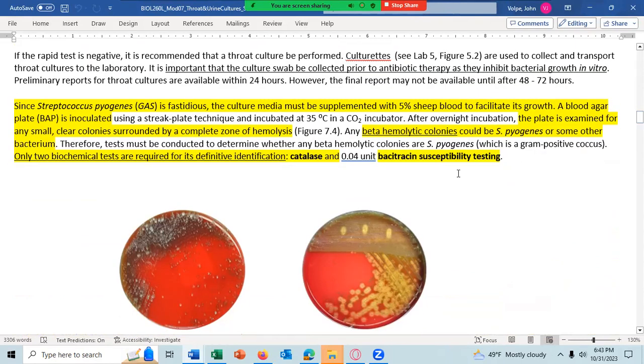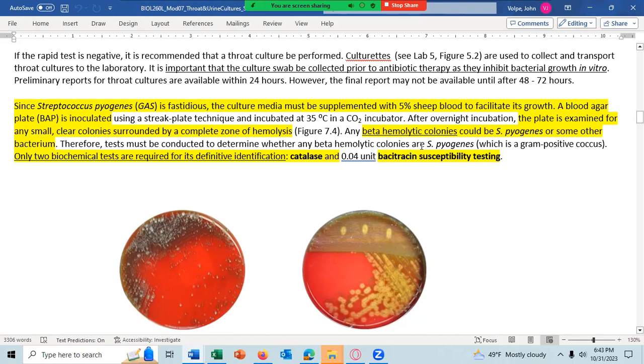All right, Streptococcus pyogenes is fastidious, meaning it will not grow on general purpose media. The media has to be supplemented with 5% sheep's blood to facilitate its growth.